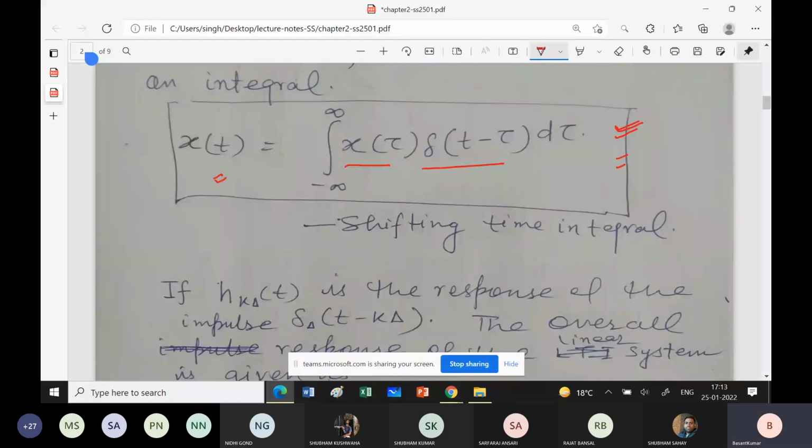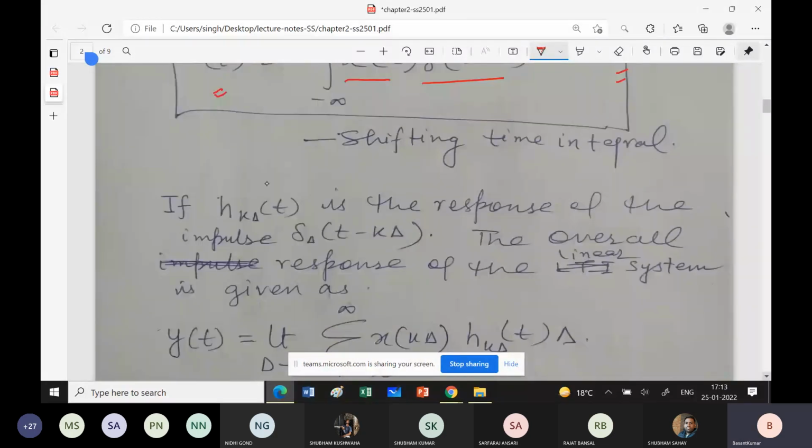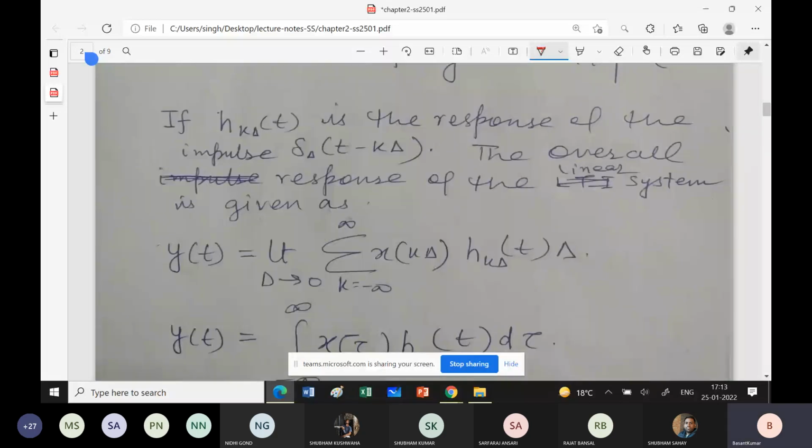Okay, so having done that, now we have to find the response of the system.